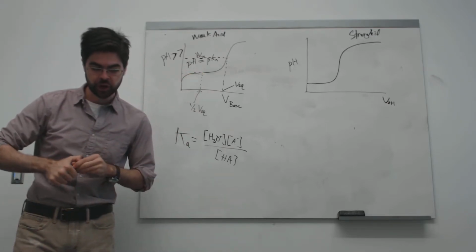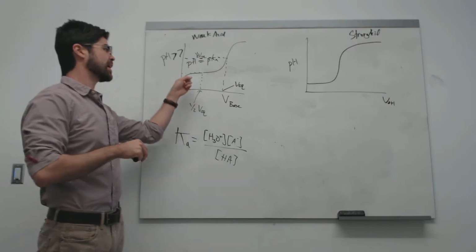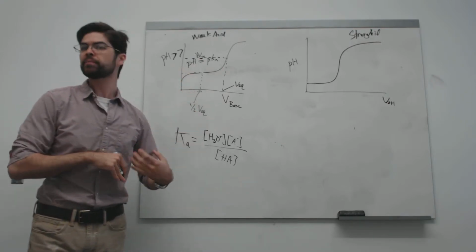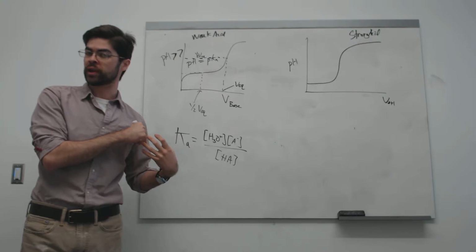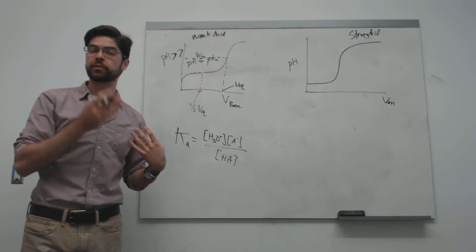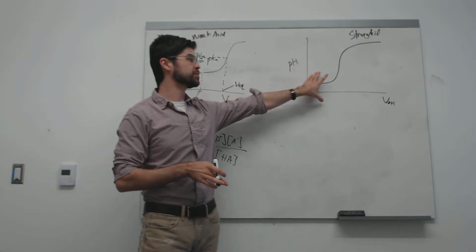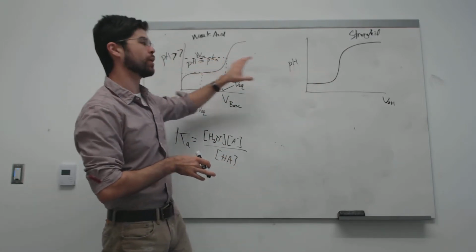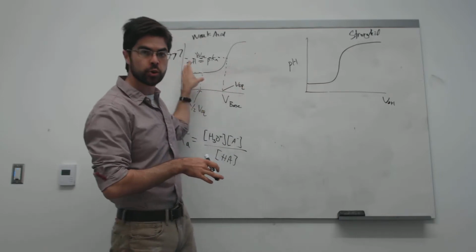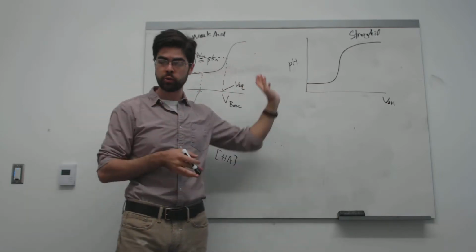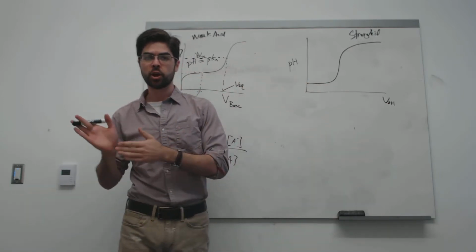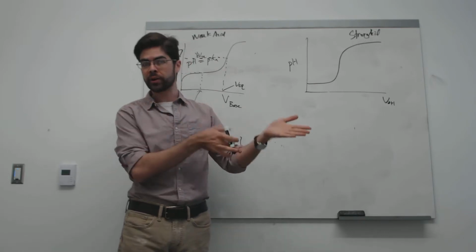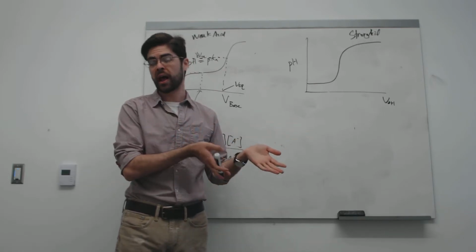Why do they have different curves? It is because the actual equilibria are different between these two chemical systems. That's a fundamental difference between neutralizing a strong acid versus neutralizing a weak acid. When you neutralize a strong acid, all you get are water and neutral ions.